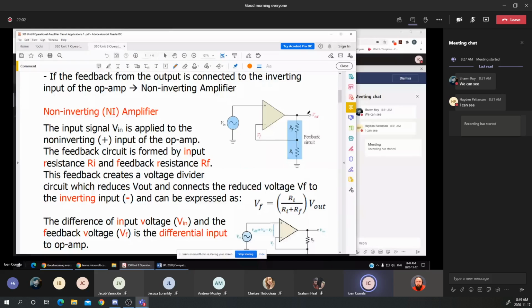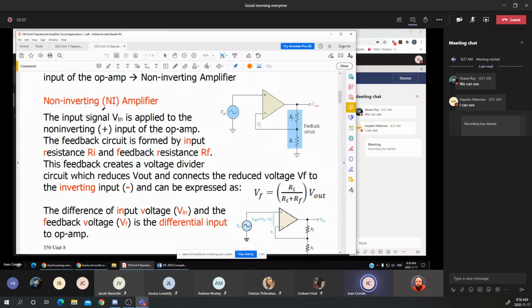If the two voltages are in phase, the output voltage has the same phase as the input voltage. The op-amp will amplify the input signal without shifting the phase between the output and the input voltage.